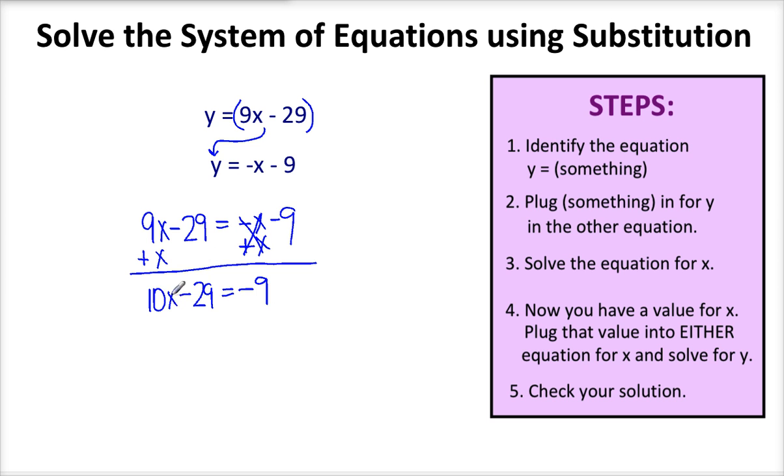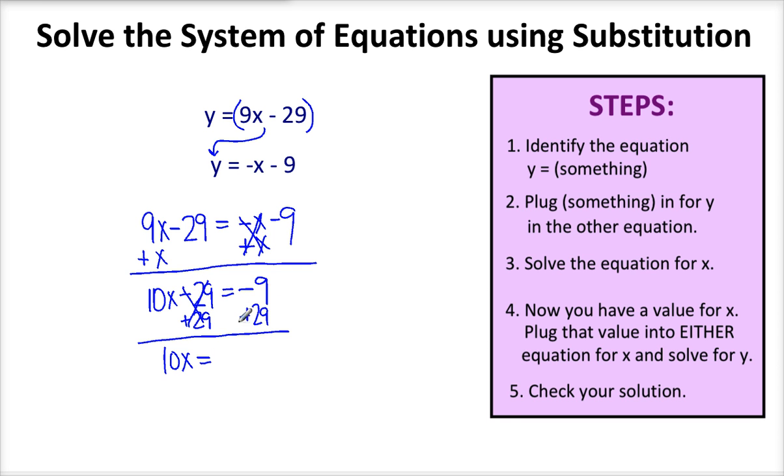Okay, now I have all my x's on the left. That means all my constants, or all just my numbers, need to be on the right. So this negative 29 is on the wrong side. So to move it, I'm going to combine it with its 0 pair, which is a positive 29. So I'll add 29 on the left and add 29 on the right to keep everything balanced. And when I do that, I have 10x, and negative 29 plus 29 is 0.